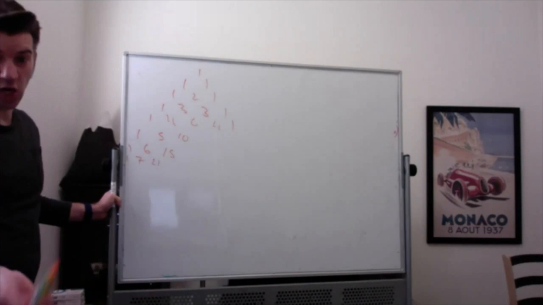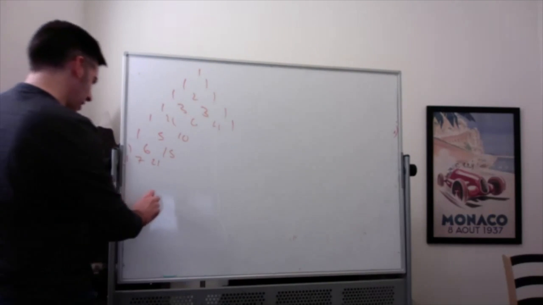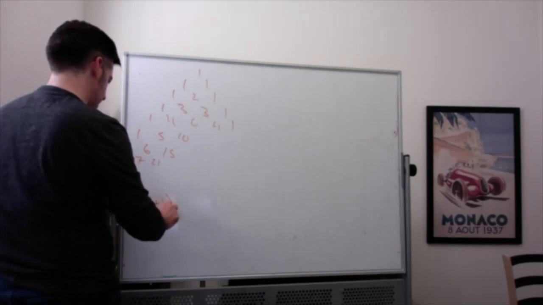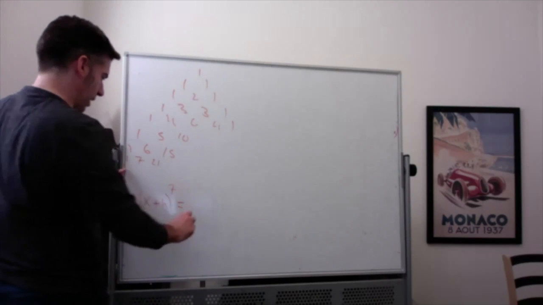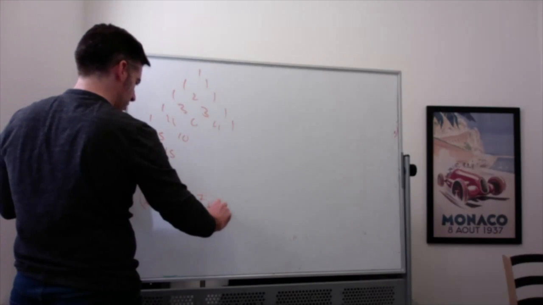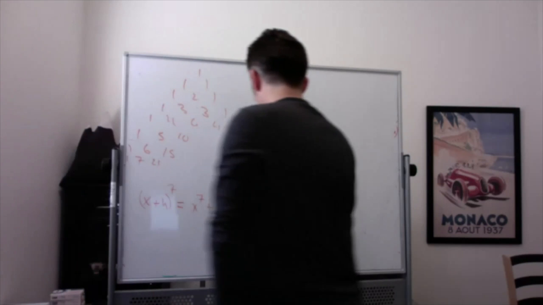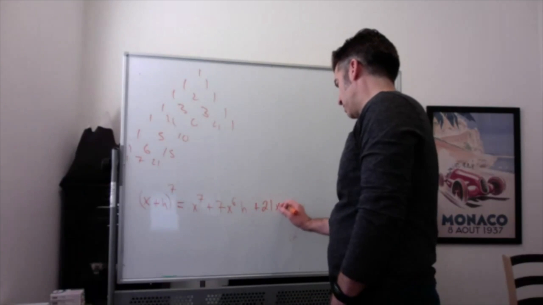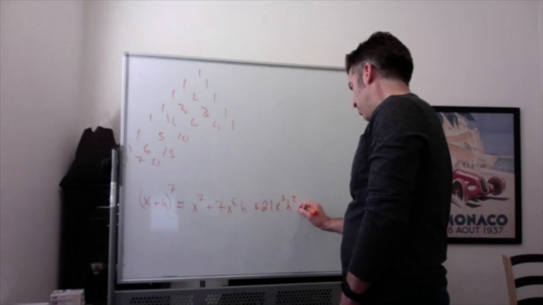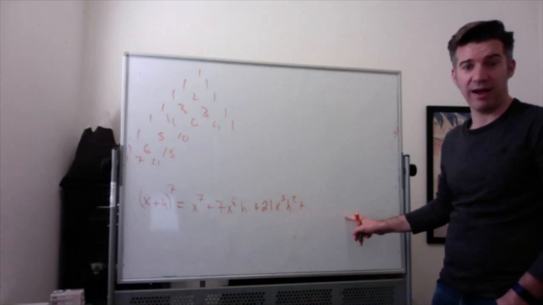So here's what I know. I know that x plus h to the 7th is equal to x to the 7th plus 7x to the 6th h to the 1st, plus 21x to the 5th h squared, plus lots of other things that have higher and higher powers of h.